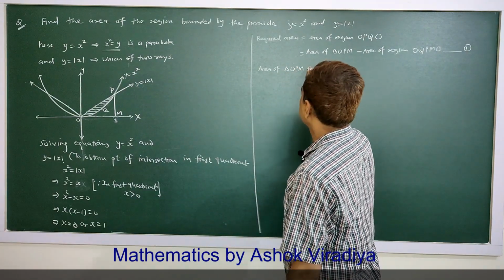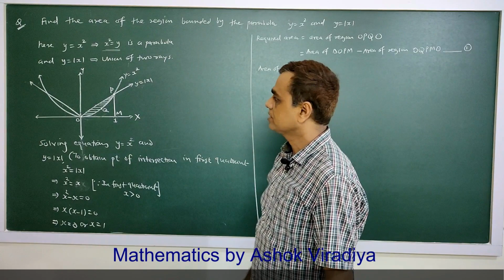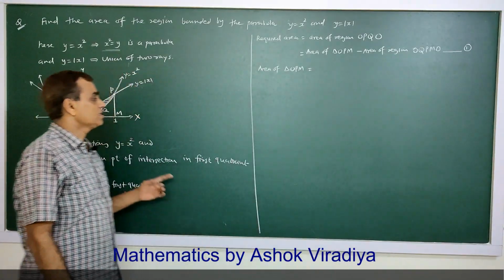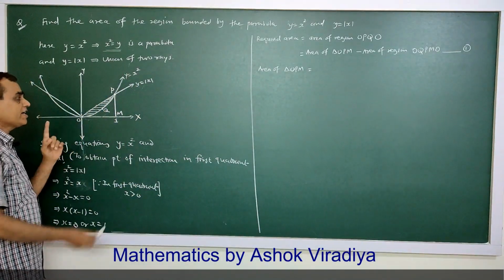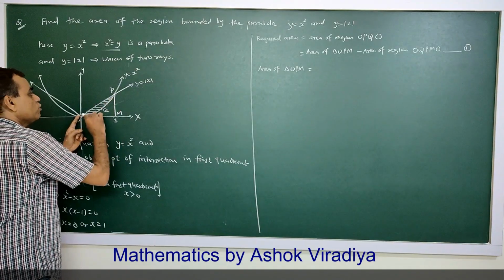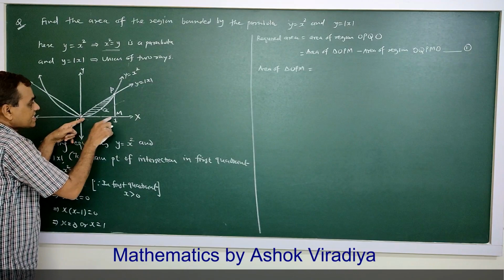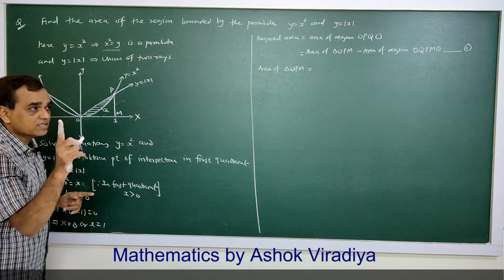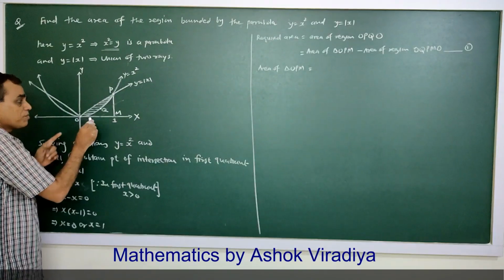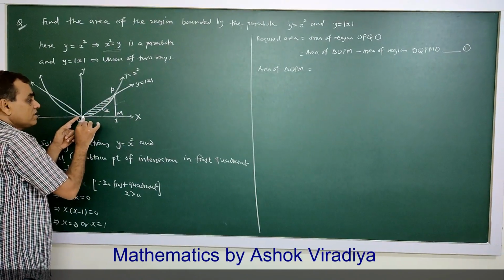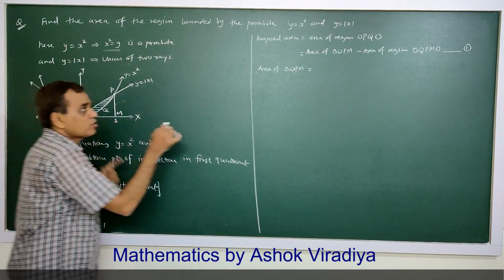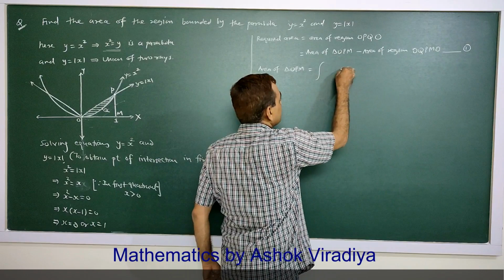Area of triangle OPM is bounded by y equal to modulus x. The x axis is the boundary, so we will use dx.